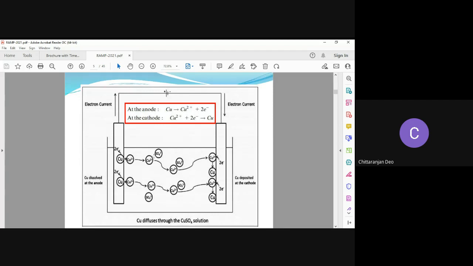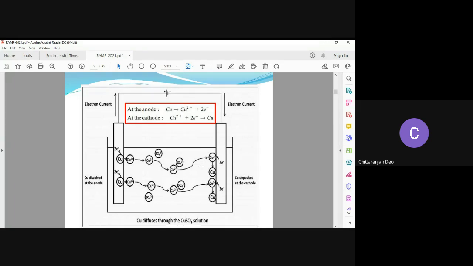First, copper atoms from the anode are dissolved and travel through the electrolyte to the cathode, where they are subsequently deposited. This deposition of atoms on the cathode is called electroplating.